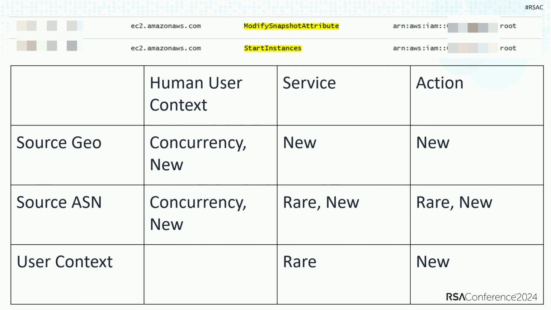There are always going to be some benign normal outliers to sort through. But if you do it in combinations, say a service activity and particular action activity for a user context or a source network, those tend not to change as often, and they tend to have a shorter tail of benign normal outliers.